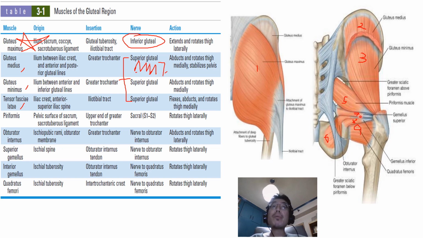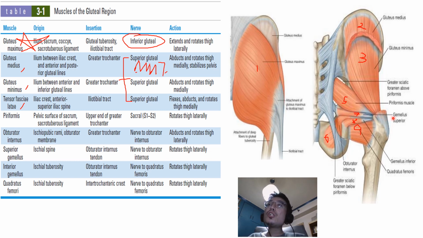The superior gemellus is also innervated by the nerve to the obturator internus. We can remember this by imagining that the superior gemellus is adjacent to the obturator internus. Therefore, both are innervated by the nerve to the obturator internus. And the function of the superior gemellus is also to rotate the thigh laterally.